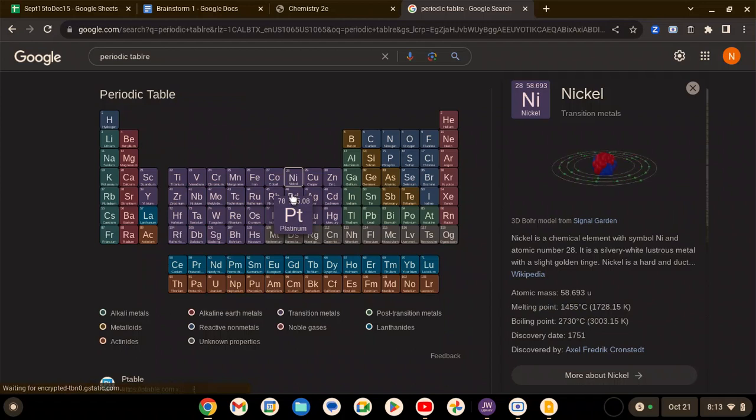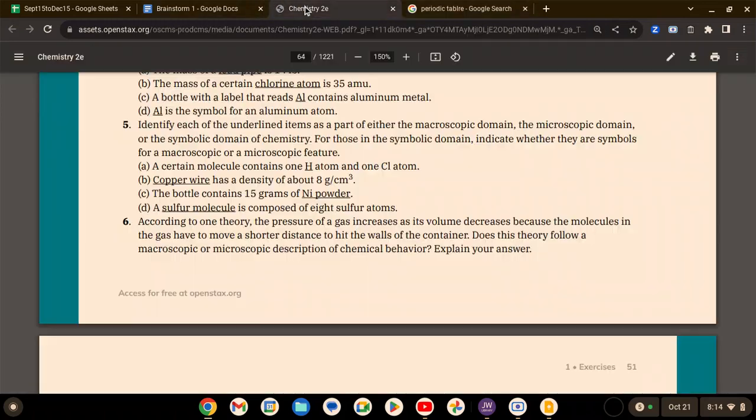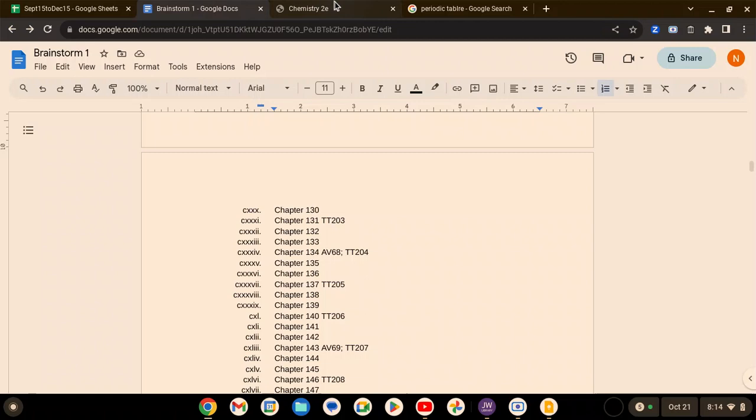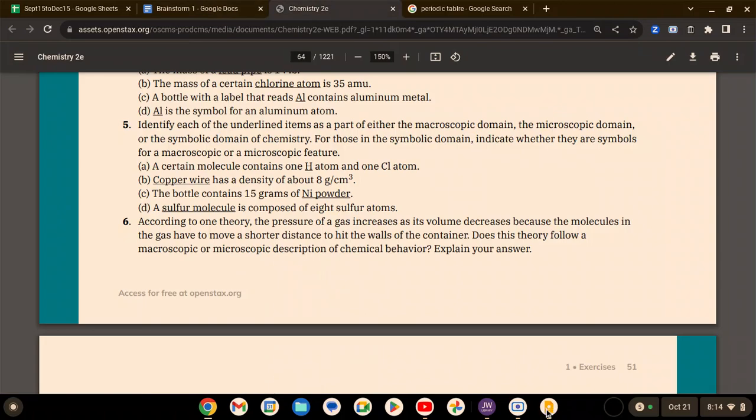If we remember from molar mass and all that good stuff, nickel weighs 58.693 grams per mole. So if you have 58.693 grams of that nickel powder, you have Avogadro's number worth of nickel atoms. I'll show you that real quick.